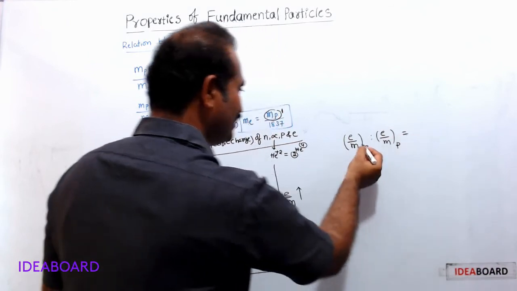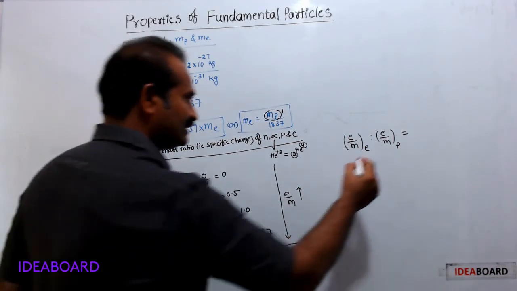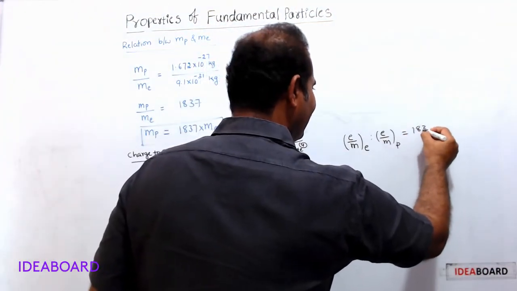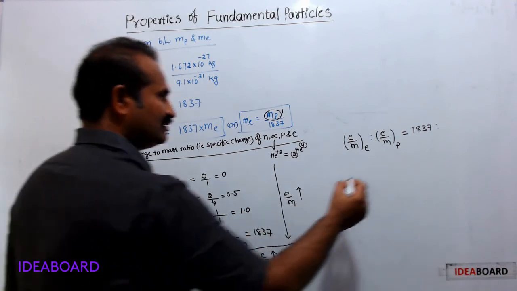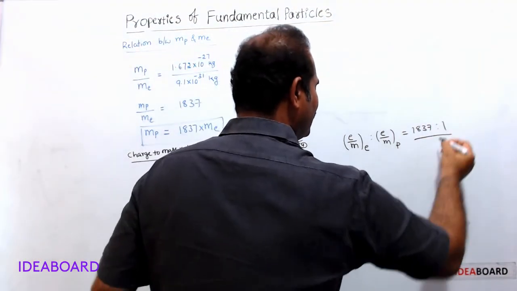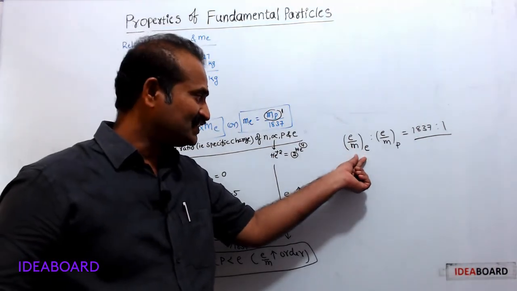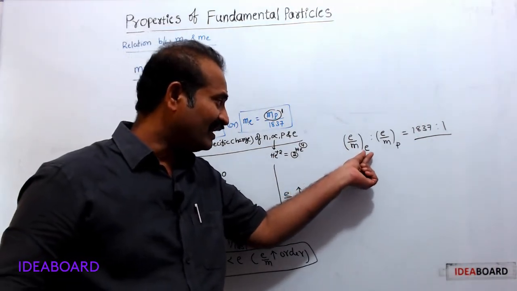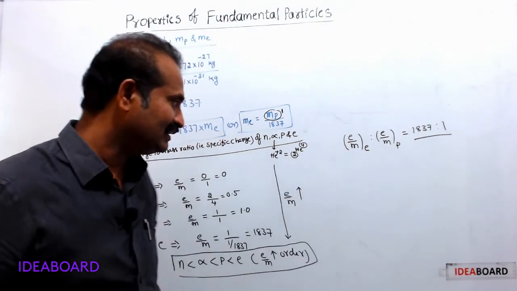So e by m of electron is 1837, is to e by m of proton 1. Therefore the ratio of specific charge of electron to that of proton is 1837 is to 1.